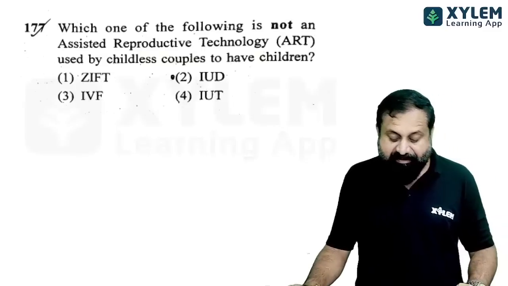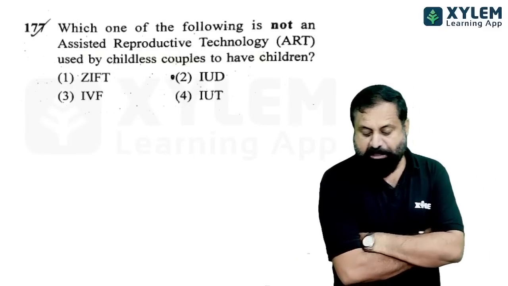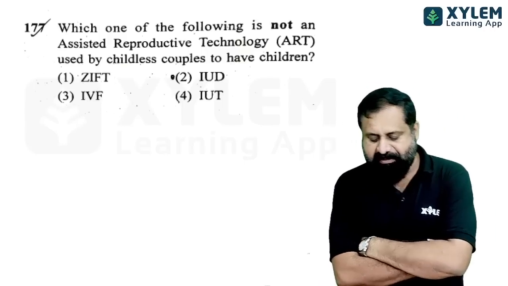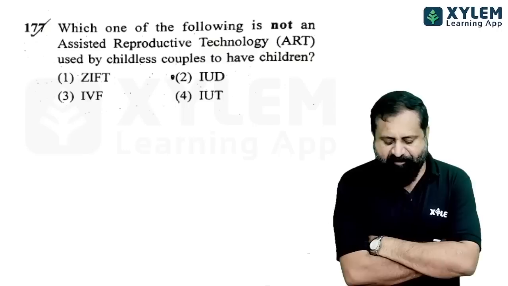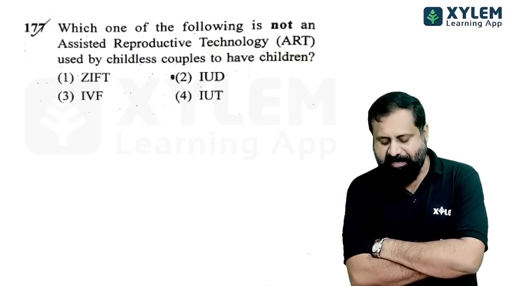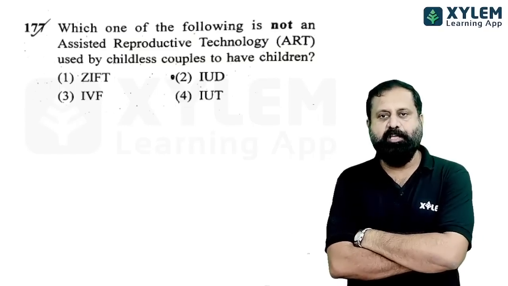Now comes 177. Which of the following is not an assisted reproductive technology used by childless couples to have children? ZIFT, zygote intrafallopian tube transfer; IUD, intrauterine device; IVF, in vitro fertilization; IUT, intrauterine transfer.